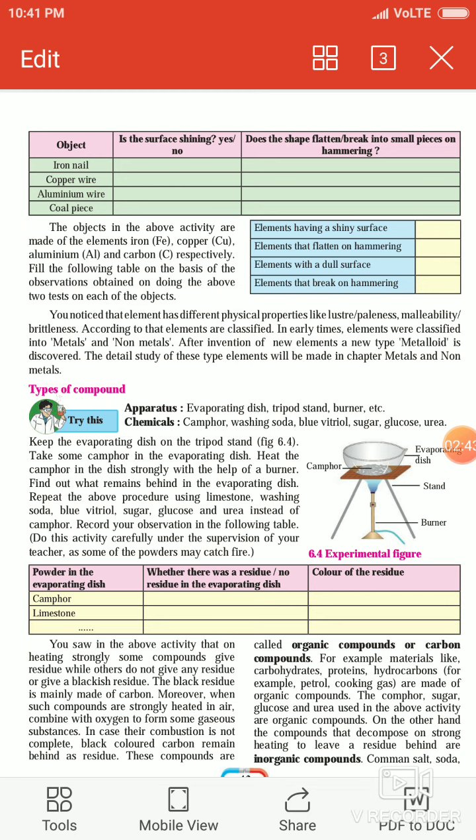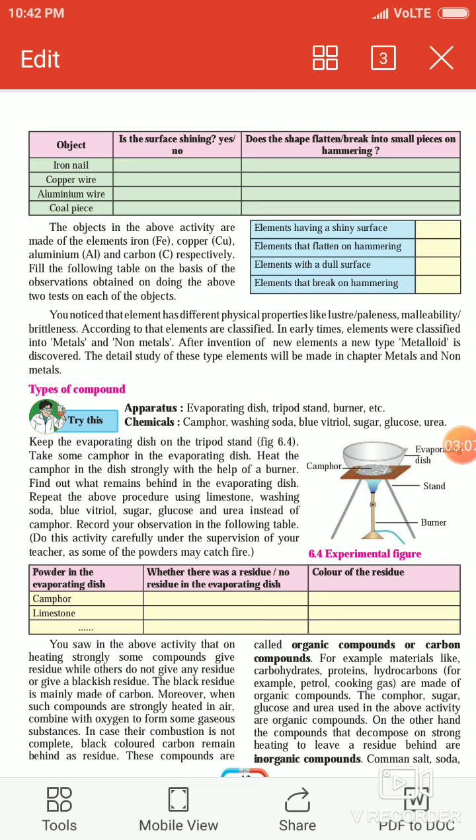Moreover, when such compounds are strongly heated in air, they combine with oxygen to form some gaseous substances. In this case their combustion is not complete, and black colored carbon remains behind as residue. These compounds are called organic compounds or carbon compounds.